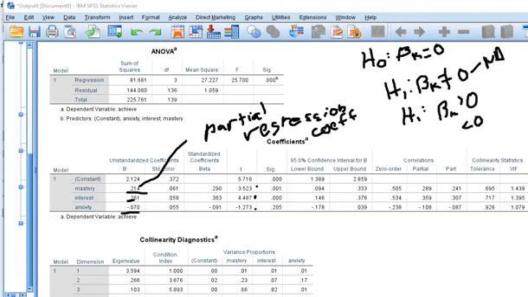These are directional hypotheses, in which case we would be using a one-tailed test. For this demonstration, I'm mainly going to focus on using a non-directional hypothesis, with the caveat that I could have easily come up with a theoretical argument for these two being positive predictors and this one being a negative predictor, which would entail a directional hypothesis for each of those.